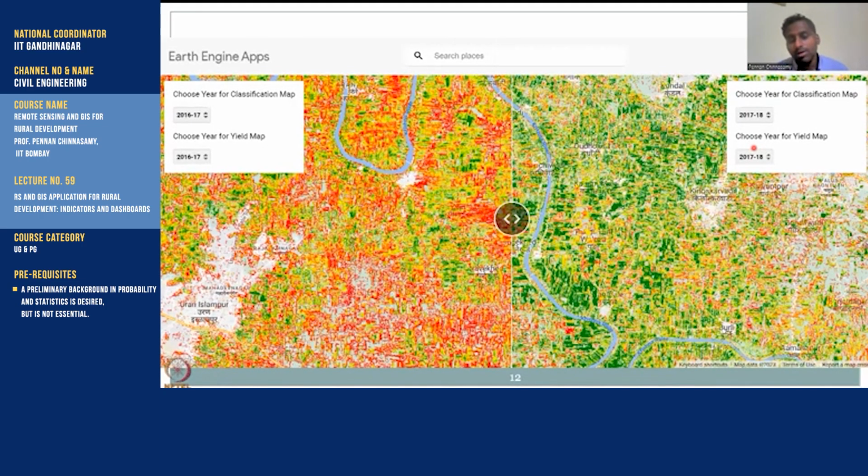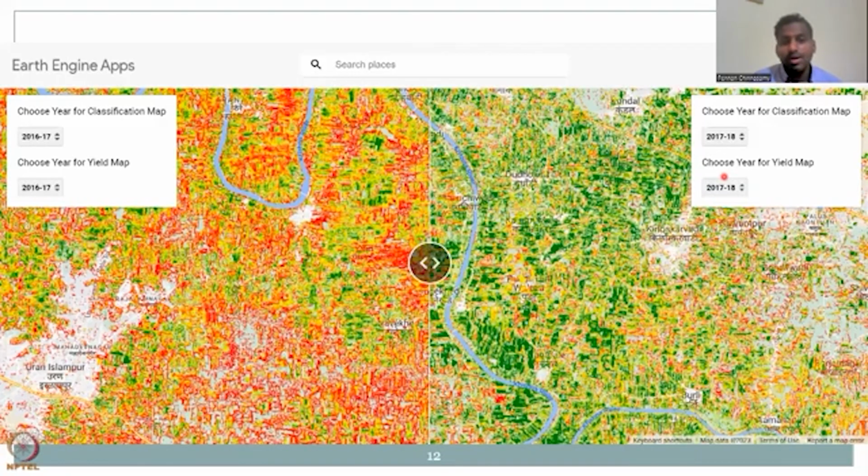To complete, I will show the land use land cover classification done by another student. We have already discussed this, how different AIML packages were used for classifying the land into sugarcane, grapes, and other aspects. But I didn't stop him there. I asked him also to make a dashboard so that the policymaker can quickly look at it.